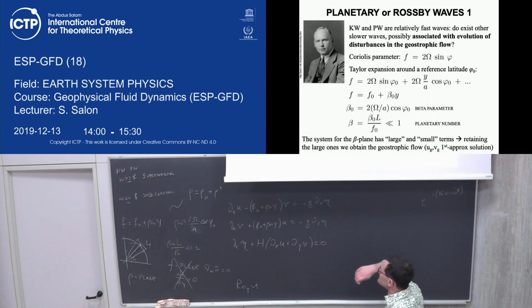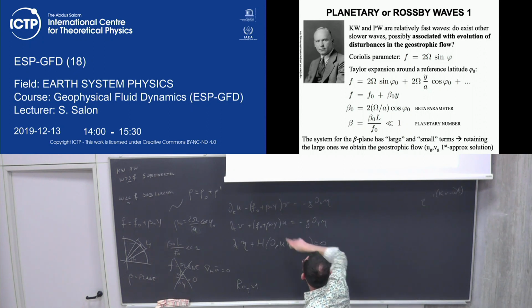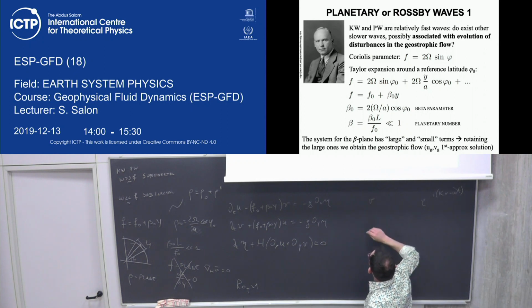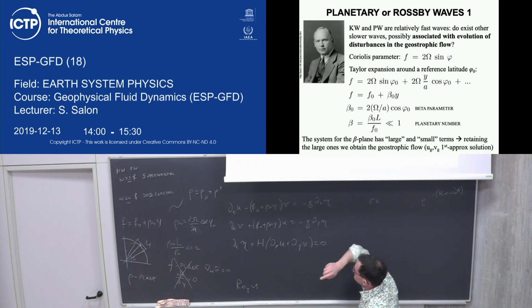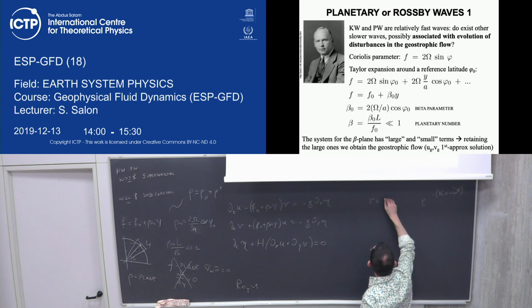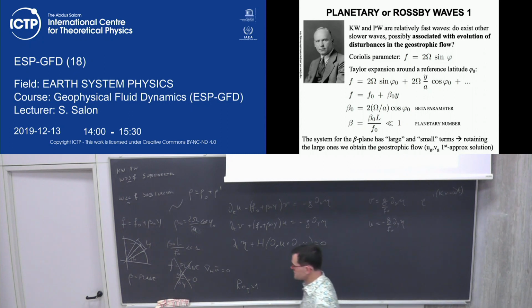Okay, so we can try to solve this. We know that from the geostrophic flow, V is equal to g over f0 dx eta, and U is equal to minus g over f0 dy eta. So these are the solutions, let's say, Cushman calls large-scale terms and small-scale terms.